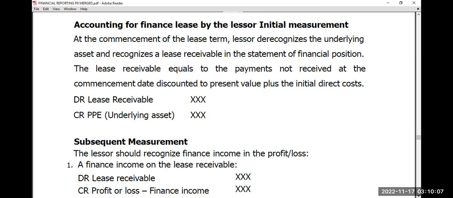Here we are not debiting cash or bank, because we are not receiving cash at once. We are now recognizing lease receivables. They may take the asset and then pay us later. So the lease receivable equates to the amount not received at the commencement date, but that amount is supposed to be discounted to its present worth.